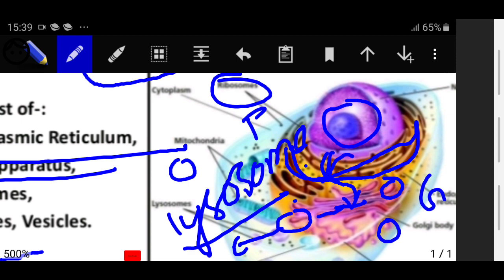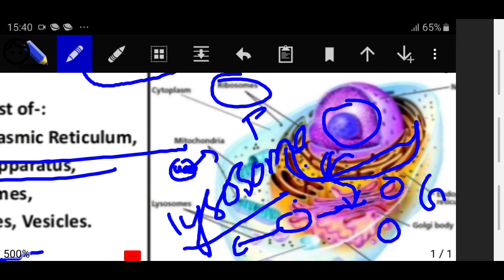That primary lysosome has hydrolytic enzymes, and you will come to know this clearly in the next slide. Just now I am explaining how the lysosomes are formed. Lysosomes are formed from the Golgi complex, and the first lysosome formed is the primary lysosome. Inside it are the hydrolytic enzymes.